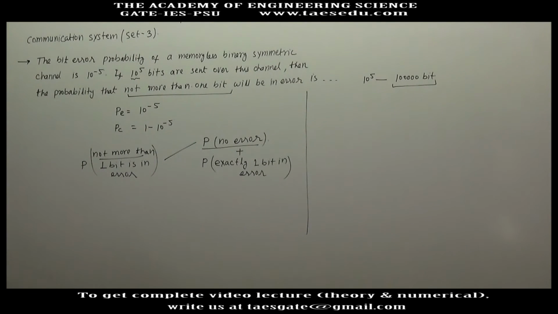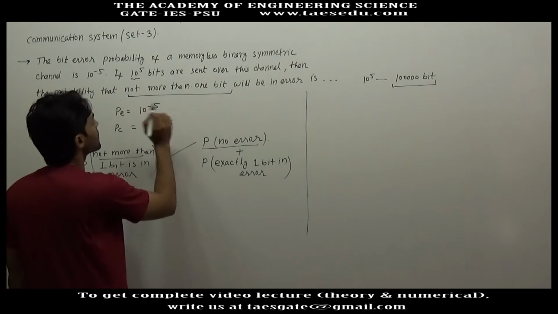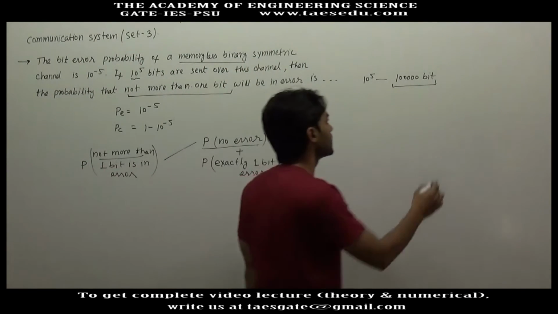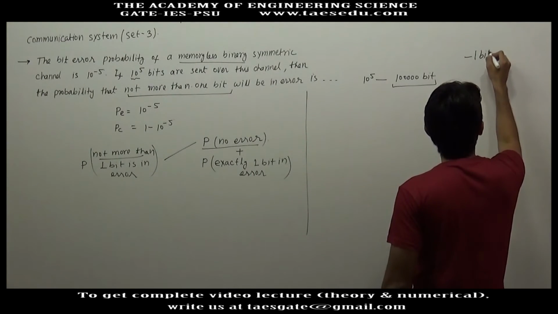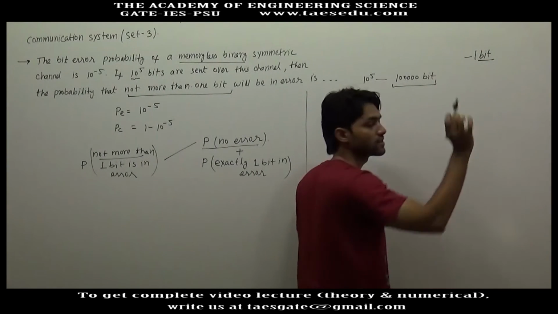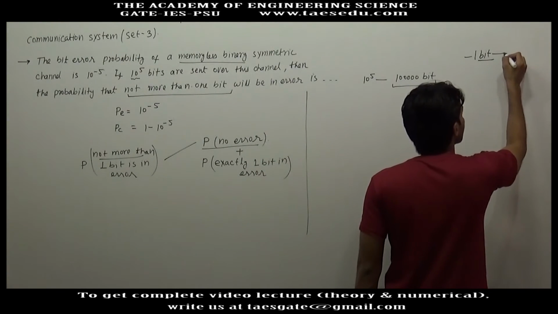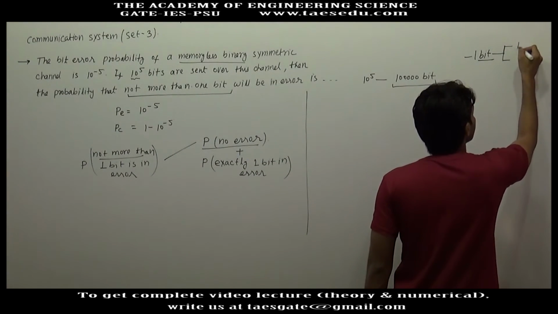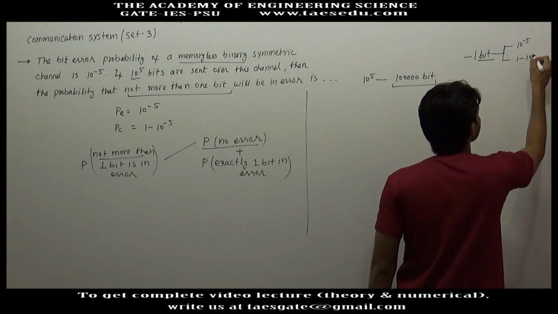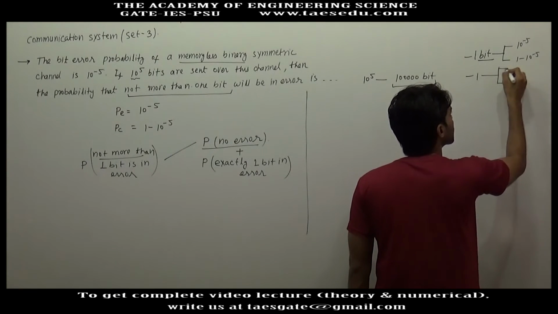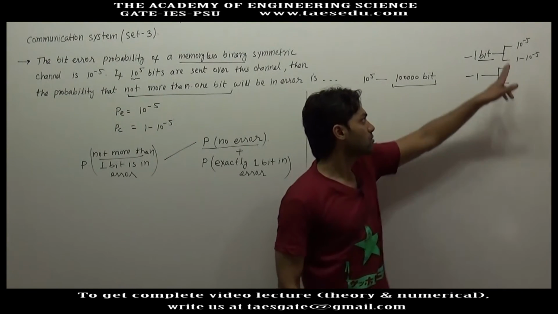This is a memoryless channel. It means that if 1 bit is detected correctly, it has nothing to do with the next bit. This may be correct or incorrect with this probability. Now the next bit will be again correct or incorrect with the same probabilities.